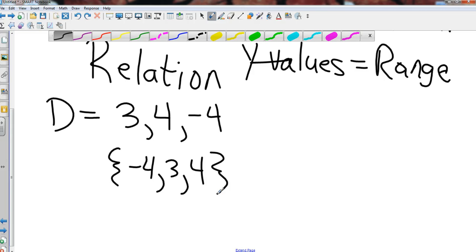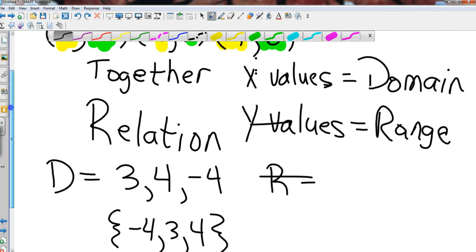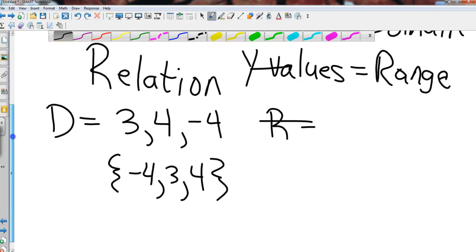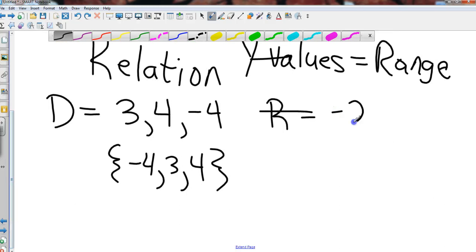So let's look at the range. The actual values are negative 2, 1, and 6. And so we do our little set notation, our little parenthesis with a nose on it. And in this case, they're actually in order. Again, they would go in order from least to greatest.